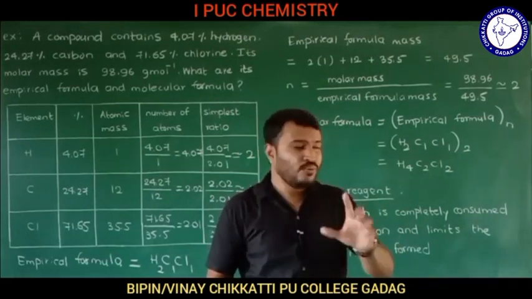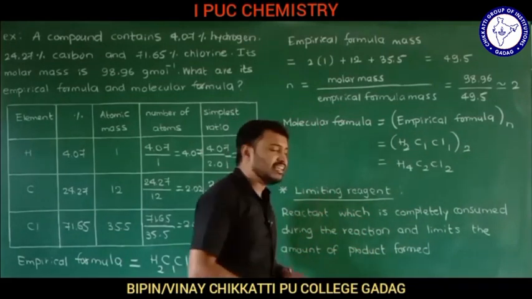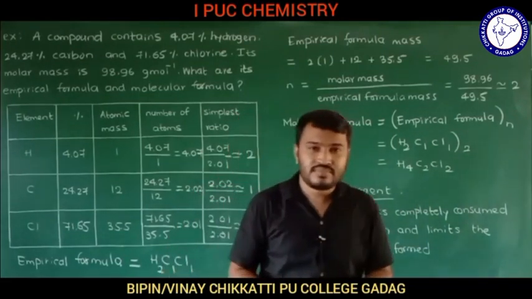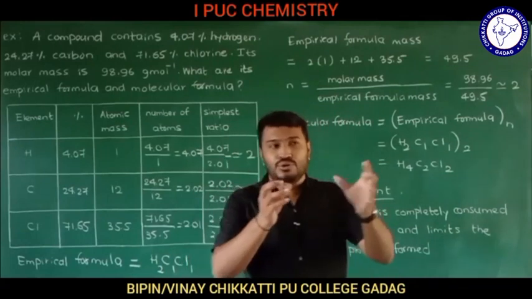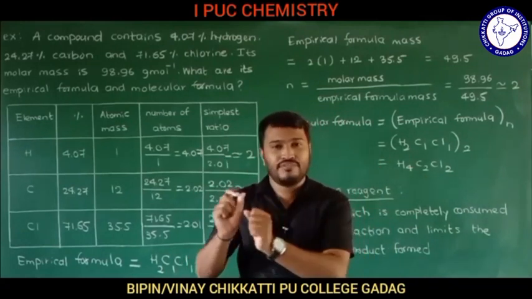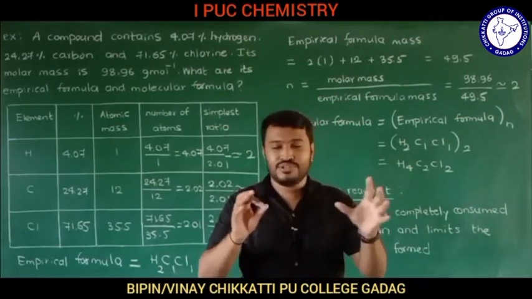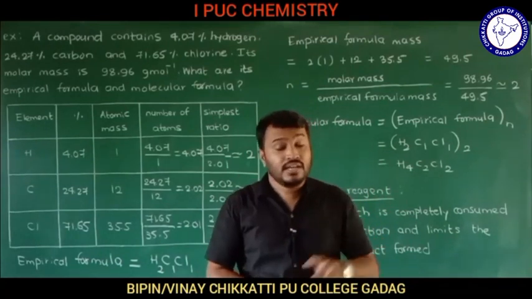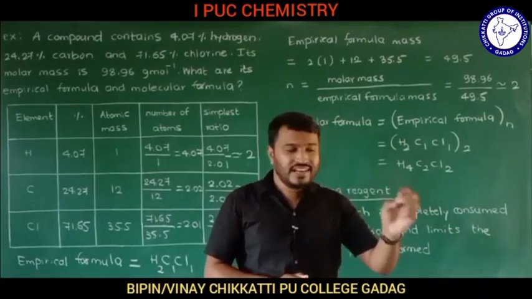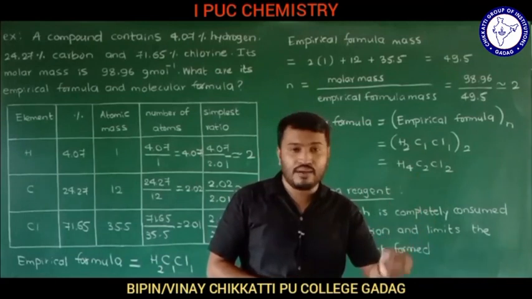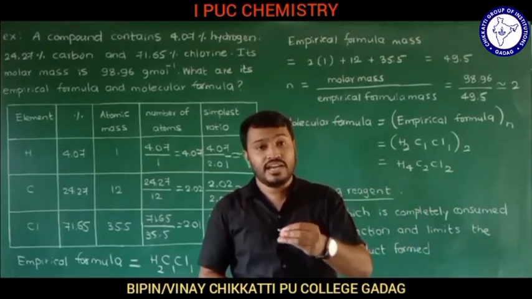One more term I am going to explain here, that is the limiting reagent. Two reactants will combine, and we are going to get a product. That is the combination reaction we have. Sometimes one reagent will be in a very little amount and one reagent will be in more amount.